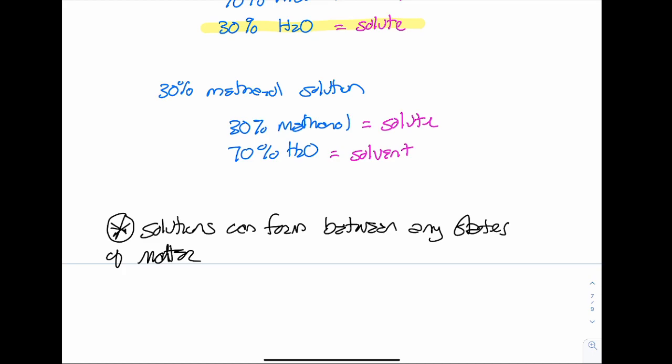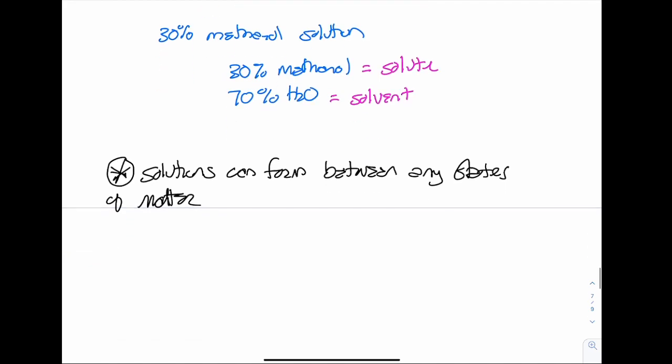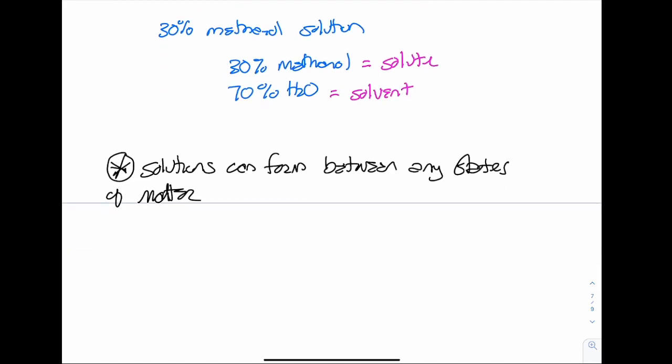We could have two solids, so something like brass. Brass would be a homogeneous mixture between two different types of solid metals. We could do soda water or pop soda, right? It's carbon dioxide, which is a gas, in water.